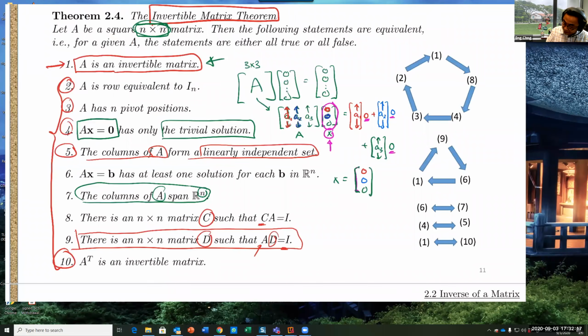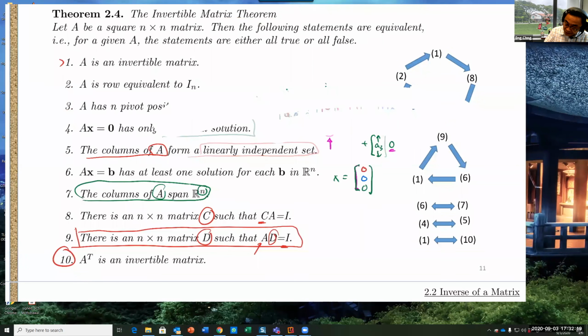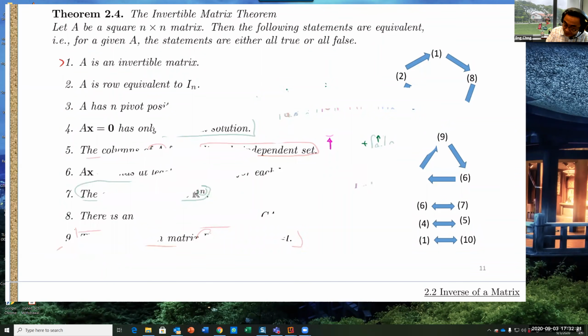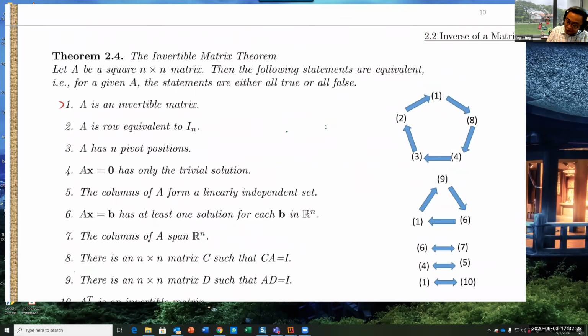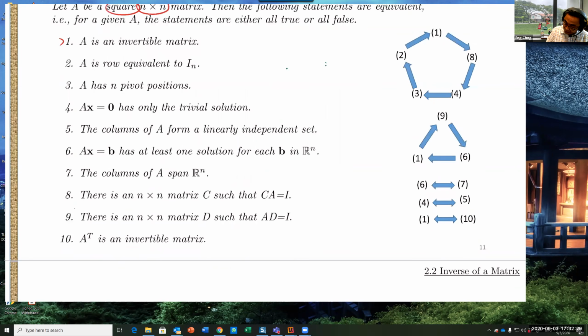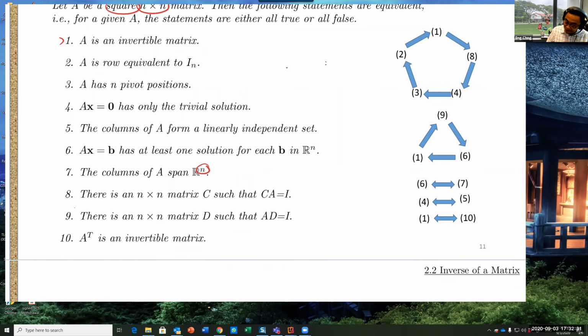The little n is running around. First, he must tell you that it's a square with the number of rows and columns being little n. And then he says that it's going to span Rn. So that's the first one. B is n by 1, because this is n by n and this guy is n by 1. So there's n coming out again. Where else does n come out?